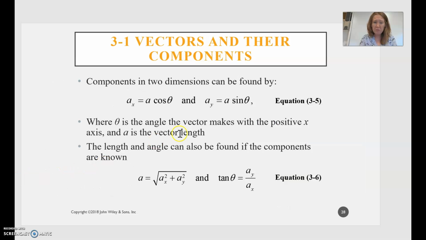So for the components, you would use right triangle trig. Here's the hypotenuse, A, and I would use cosine to find the x side and sine to find the y side, but you have to pay attention that theta has to be defined based on its angle with the positive axis.